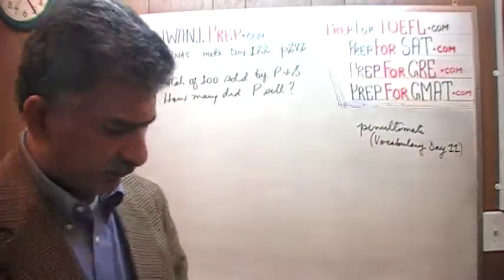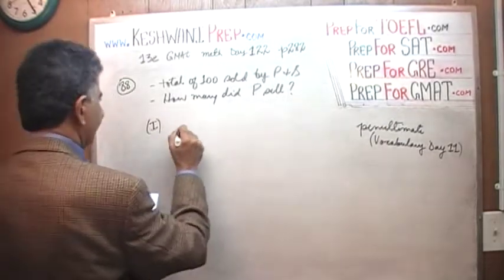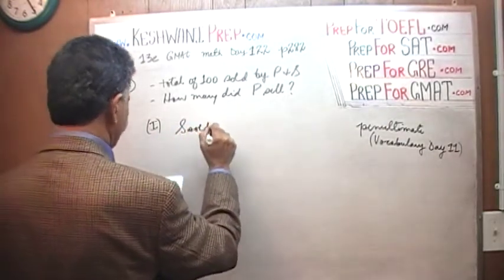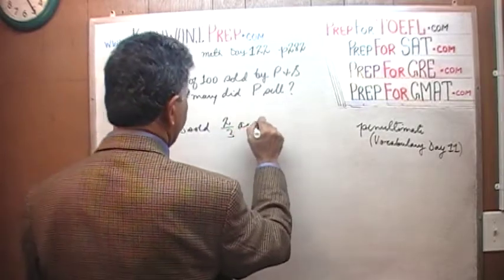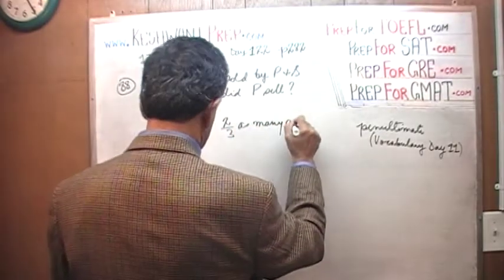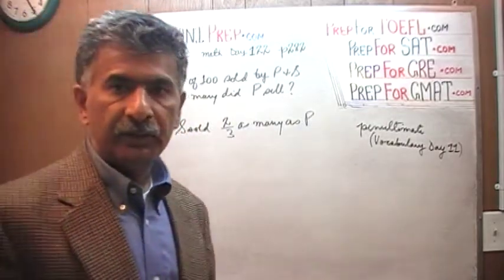The first statement tells us that S sold 2/3 as many as P. Let's see if this is of any use to us.